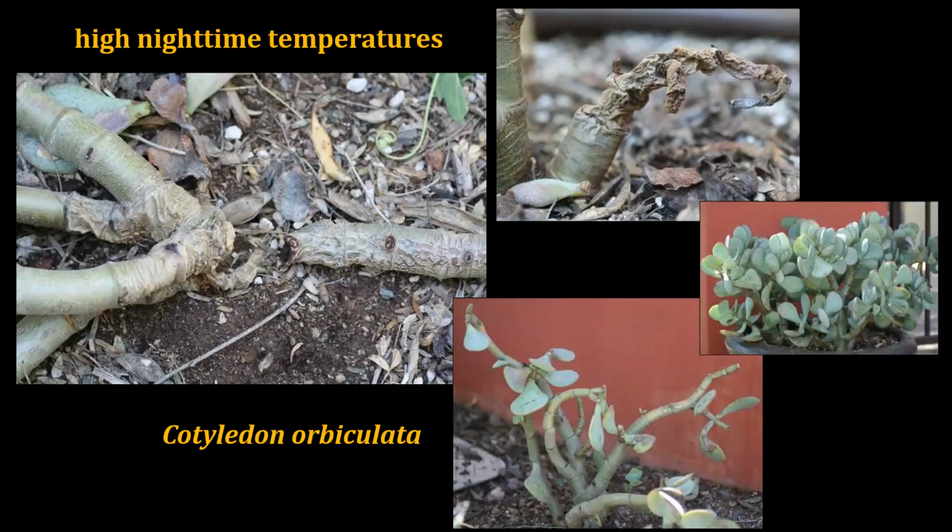At first, it might look like, oh, maybe this plant rotted from overwatering or something, but this failed because it was just faced with too many hot nights. So there are groups of our succulent plants, especially things related to jade plants. We call them crassulas, or things that are related to those aeoniums, another beautiful leafy succulent.